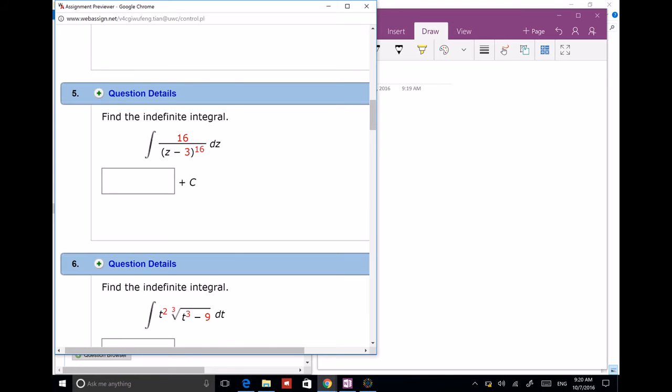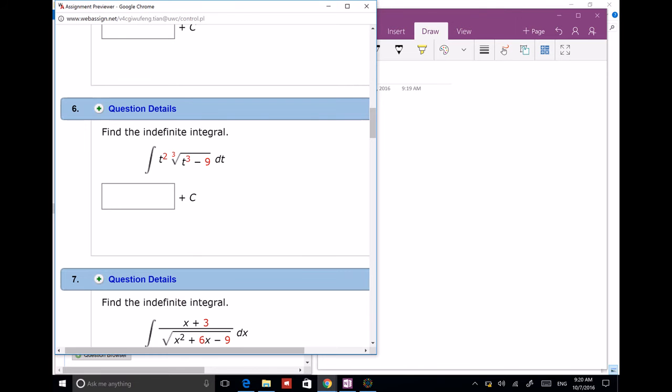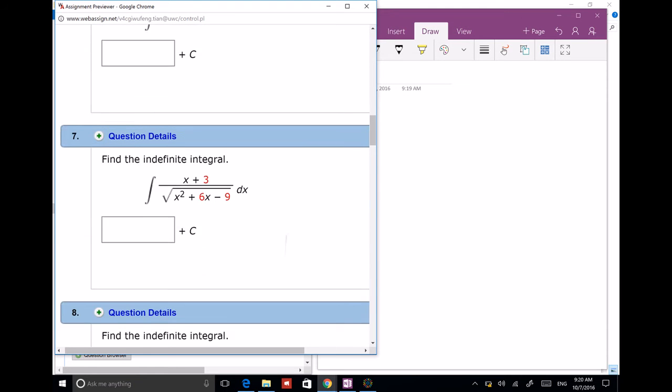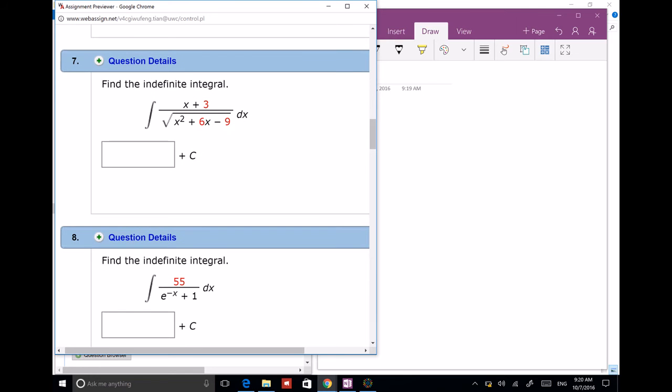Number 5 is just a U substitution. U equals Z minus 3. Number 6, U substitution, U equals T cubed minus 9. Number 7, U substitution, U equals X squared plus 6X minus 9. It's 2X plus, that's 2X plus 6, right?